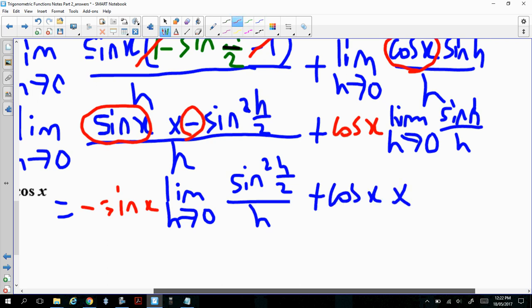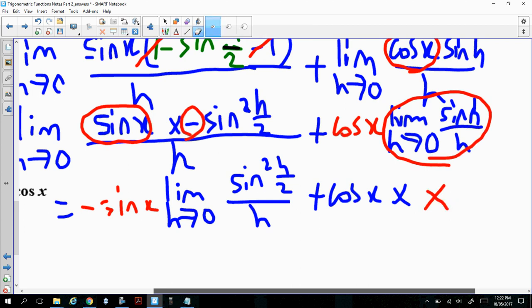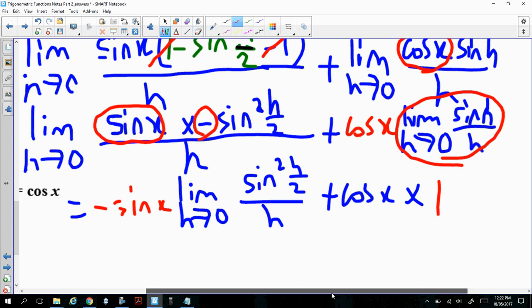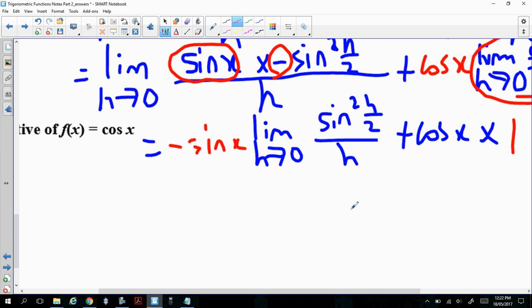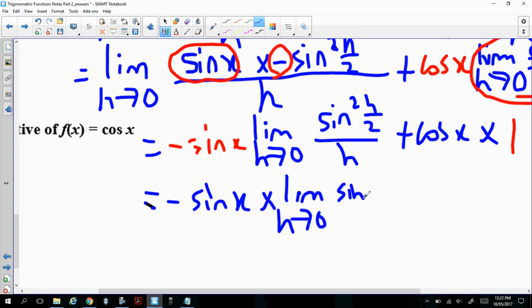And how about this first bit? The first bit will become something else. Let's see what that would be. We get minus sine x times the limit as h approaches 0 of sine of h over 2 over h, times the limit as h approaches 0 of sine of h over 2. So I'm going to split the sine squared into 2.